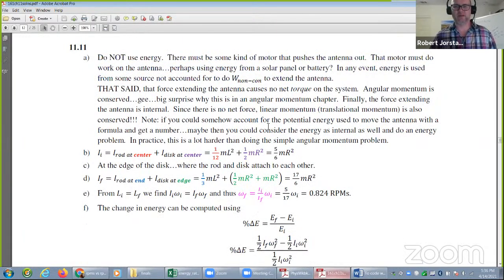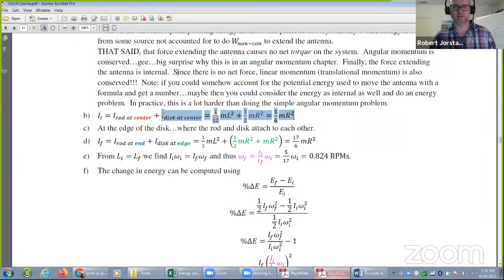Okay, so here's the initial moment of inertia. The trick here is the length of the rod. How long is the rod? 2R. So you've got to shove in 2R, and that's how I get this number.